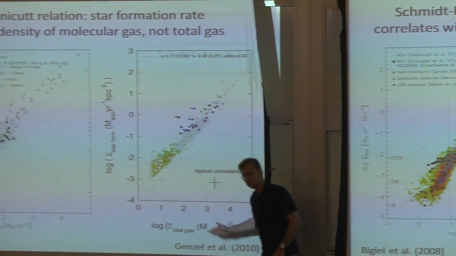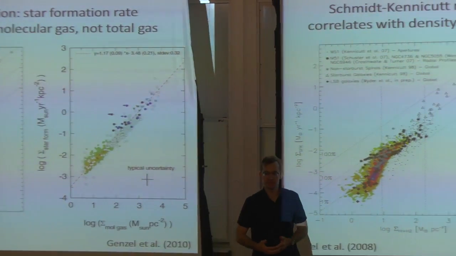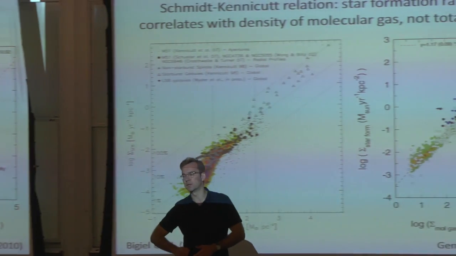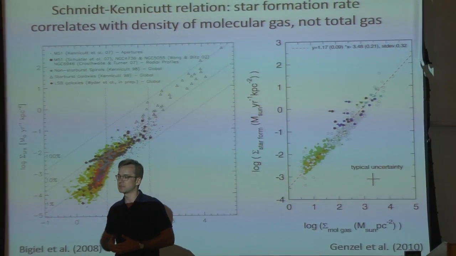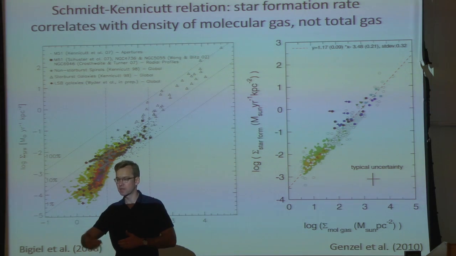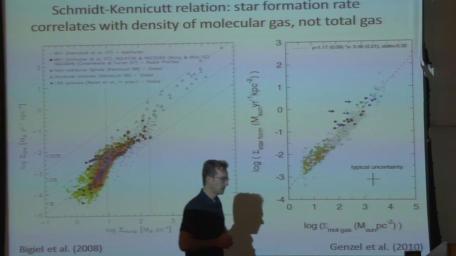So just like the previous relation, the stellar mass-halo mass relation, this one is very useful because it spans many galaxies and many orders of magnitude in density, and we can use it to test models, calibrate models, and simulations should reproduce it.